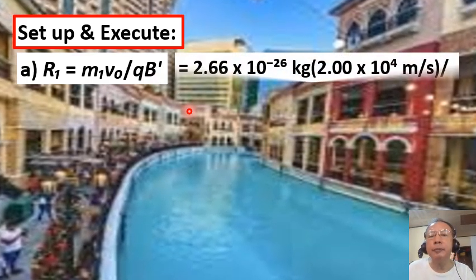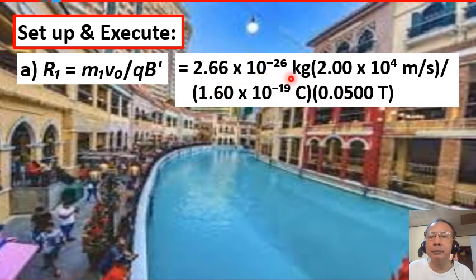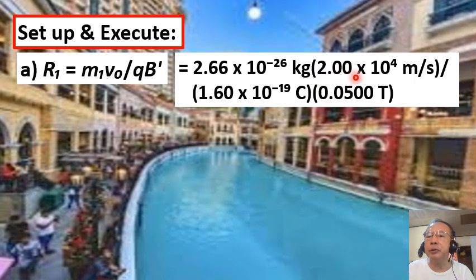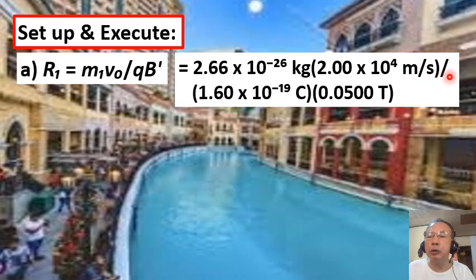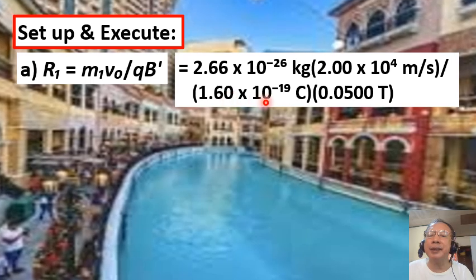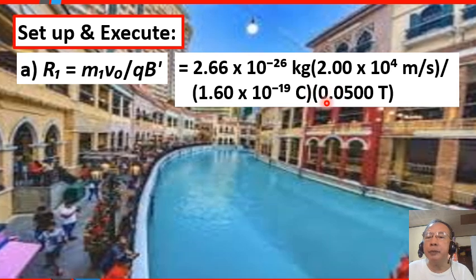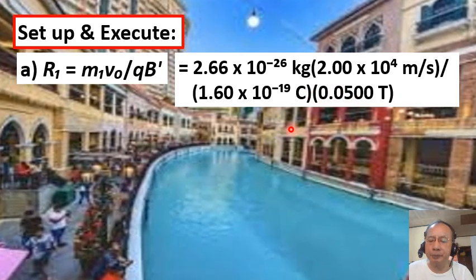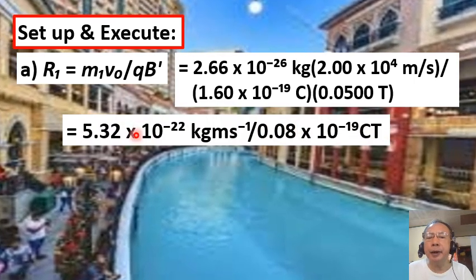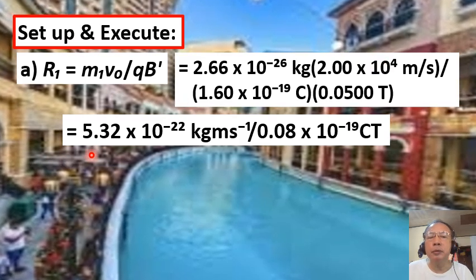So substituting, we get 2.66 raised to the negative 26 kilogram, multiplied by the value of V naught, which is 2.00 raised to the fourth power meters per second, all over the product of the charge Q, which is 1.60 raised to the negative 19 coulomb, and the value of the magnetic field B prime, 0.0500 Tesla.